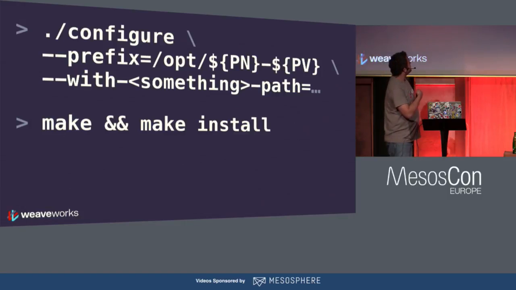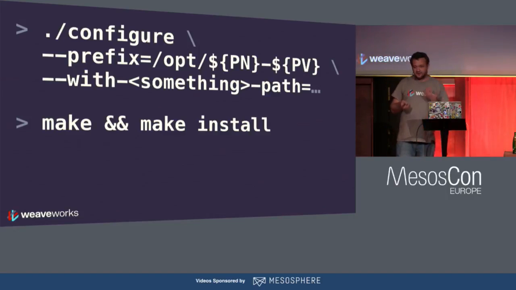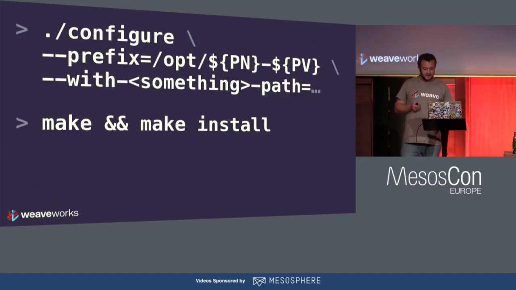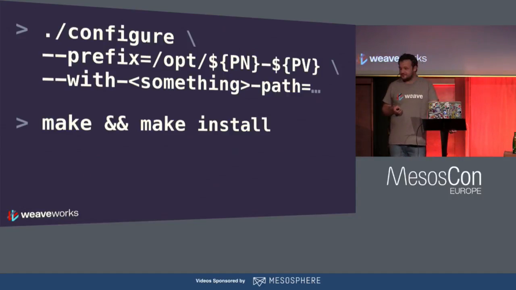And I would often have to specify a path to tell it where to find some headers or whatever. Then I would install it manually. And I started grasping how these things work. But it was on a very small scale, on my desktop.